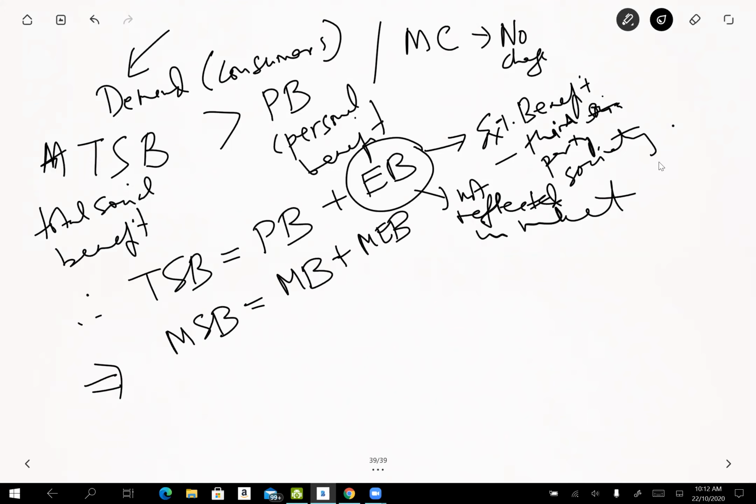So the marginal social benefit is equal to the marginal benefit plus the marginal external benefit. For now, like what we did earlier, we assume the marginal external benefit is a constant. So let's look at the model again. We're going to use the same demand supply model, and see how it affects the market.